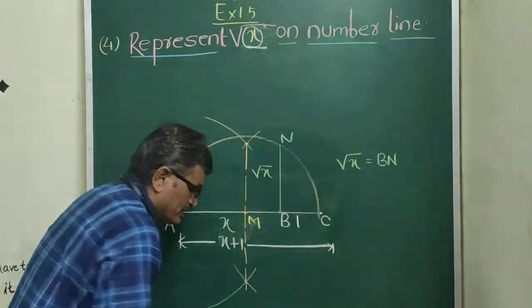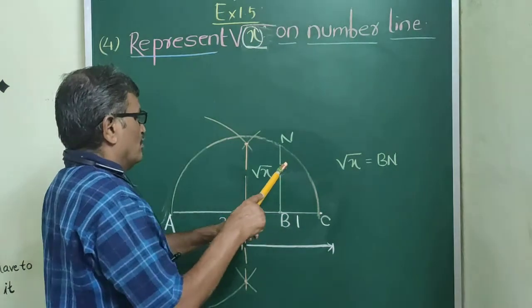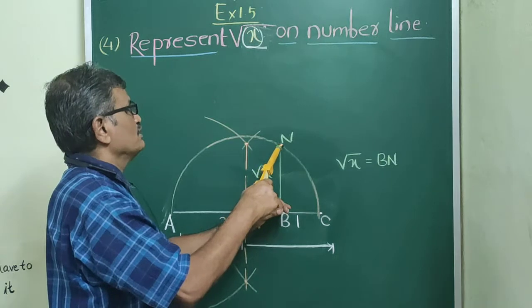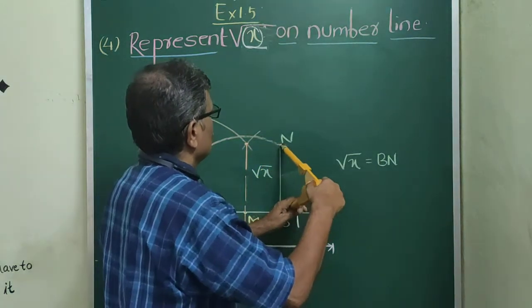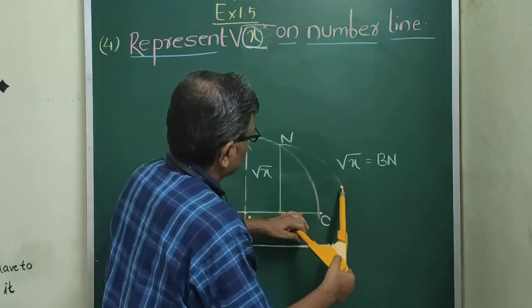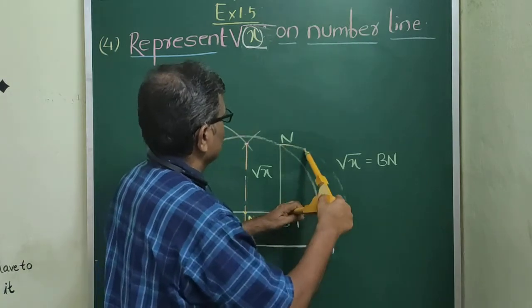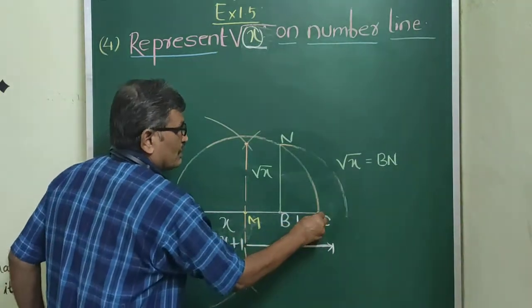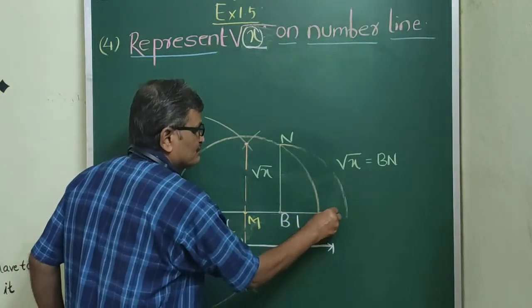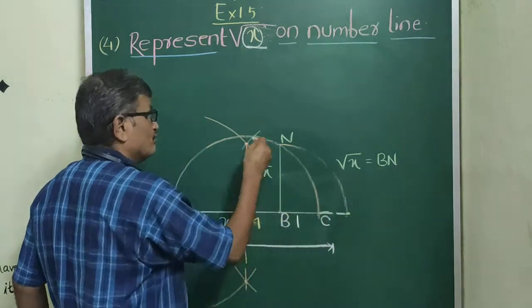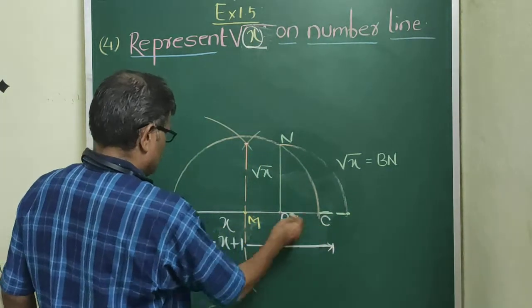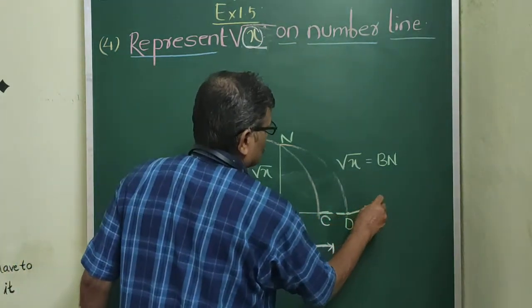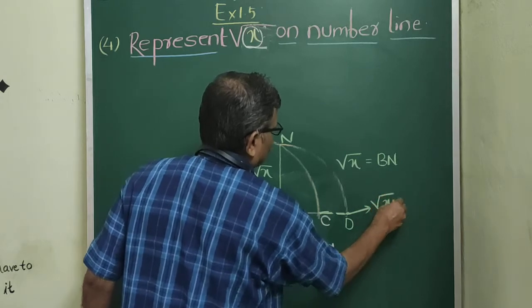Now with B as center, with this length root x, you just extend it further on AC. A, B, C are already used, D is not used. This point D will always represent root x on the number line.